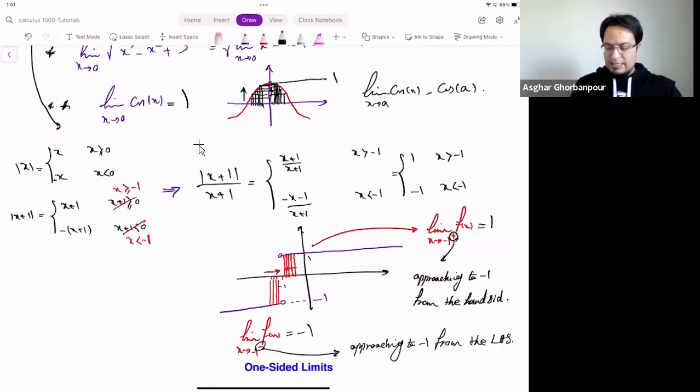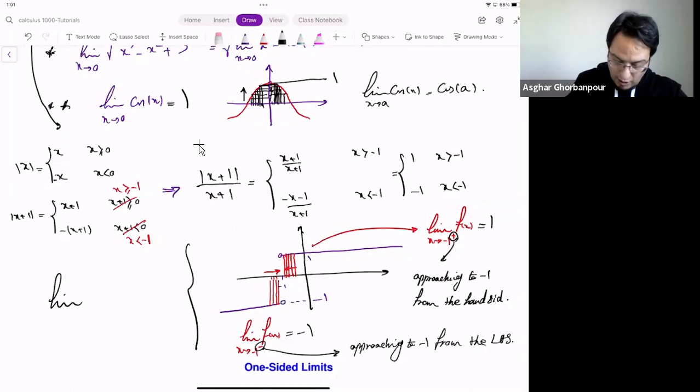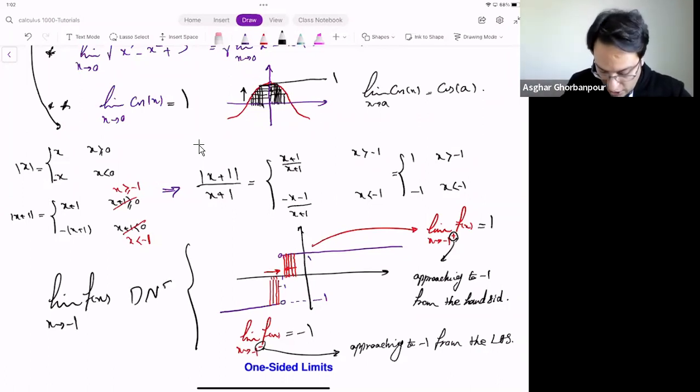All these values are giving me -1. So from one side, you get closer to -1. From the other side, you get closer to 1. In general, you cannot say that these values are getting closer to one number. So the limit of this function, without considering which direction x approaches -1, does not exist.